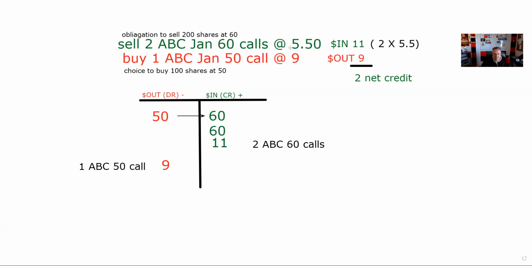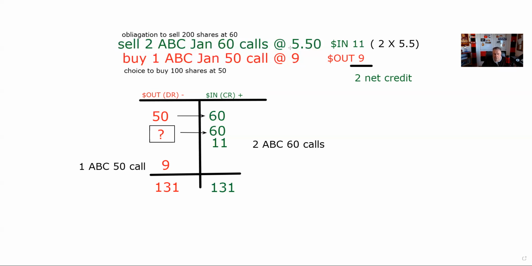Break even is the number per share that would make the columns balance, because that's what break even is: same dollars out as dollars in. So we're looking for a number offered to me that, if I plug it in, would make the columns balance. On these advanced option strategies, I suggest a T and then process of elimination. Basically, 59 plus the number offered would make the columns balance.